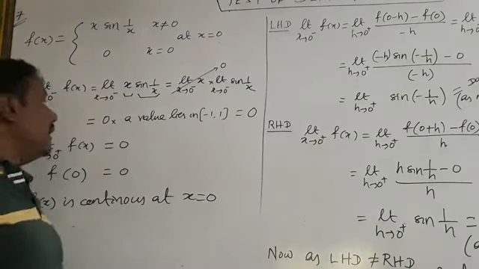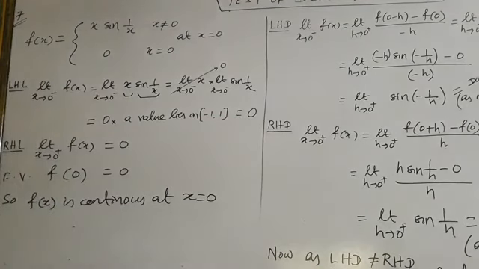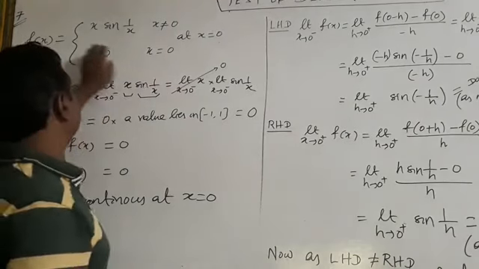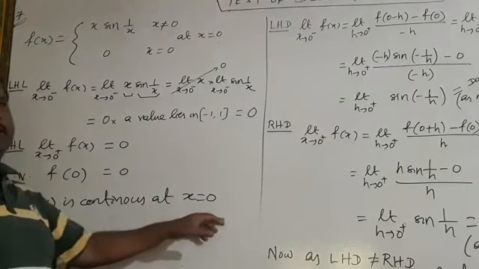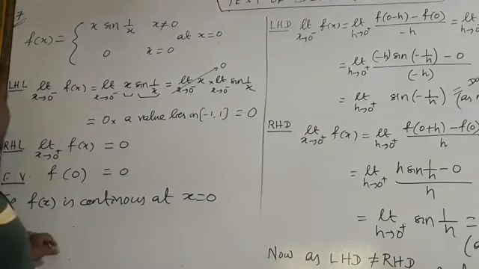Exactly in a similar manner you can find the right hand limit is 0. Now the functional value it is given, it is 0. Since the left hand limit, right hand limit and functional value are equal, I am not writing this thing here, you will write.